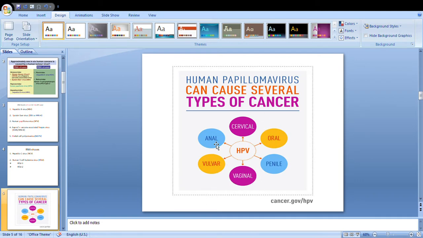So the different types of tumors occur at these different sites. This is much more important among the DNA viruses which cause neoplastic changes, the different types of cancers among human beings.